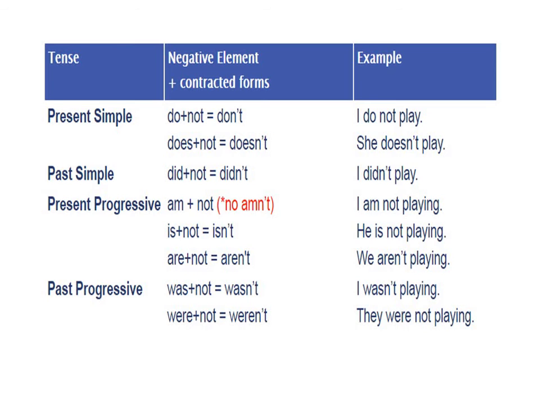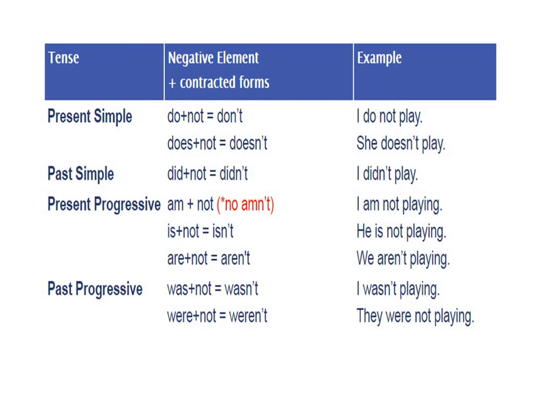Sometimes we contract not into a contracted form, that is we add n, apostrophe and t. Like do not, we change do not to don't. We change does not to doesn't. So here are the negative elements plus the contracted forms.